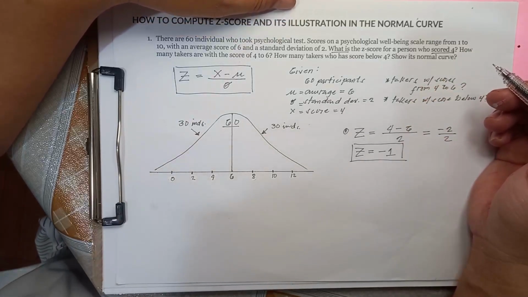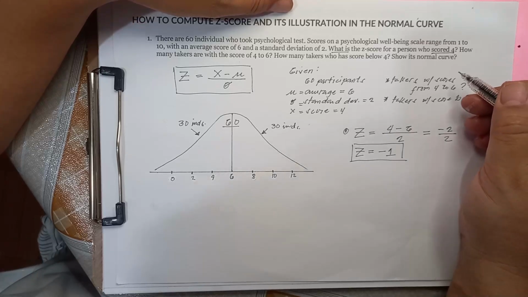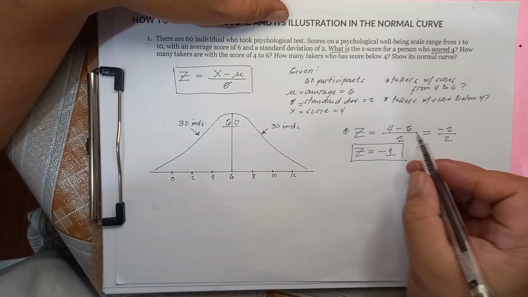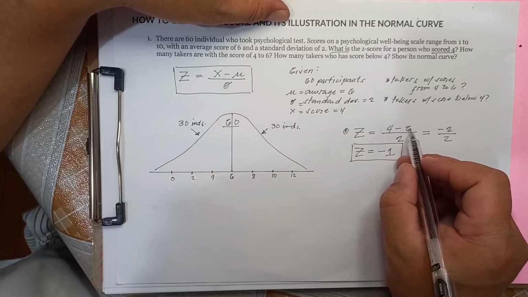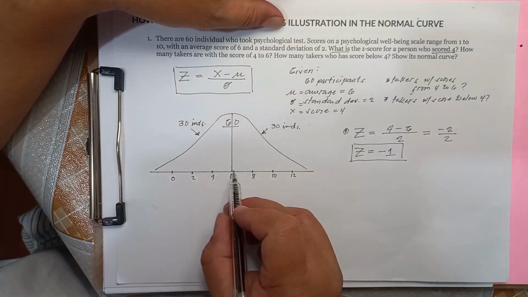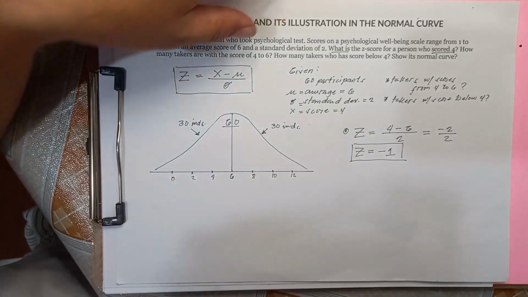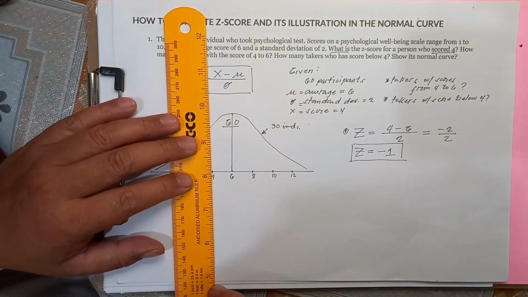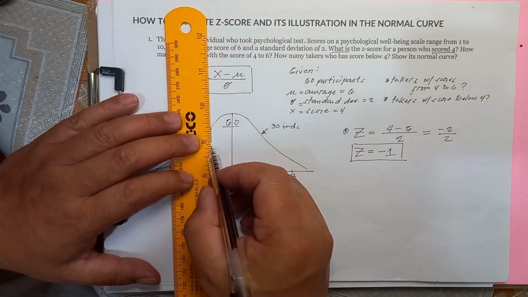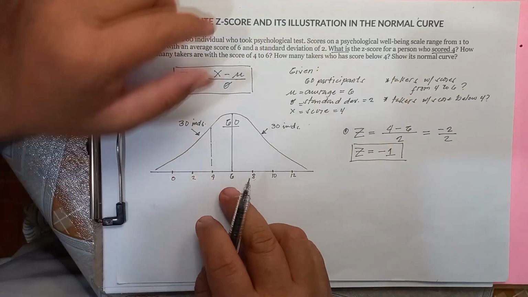Now the next thing that we are going to look into is how many takers belong to the score from 4 to 6. So where is that? That is the same as from this point going to this point. Meaning to say, how many participants scored from 4 to 6.